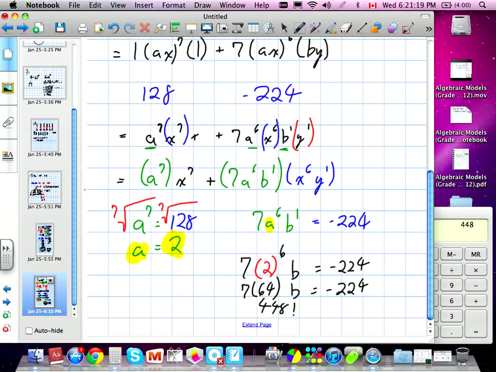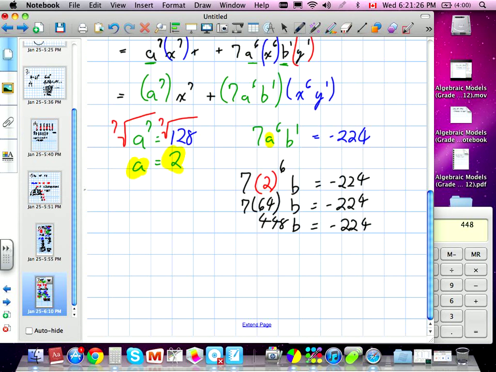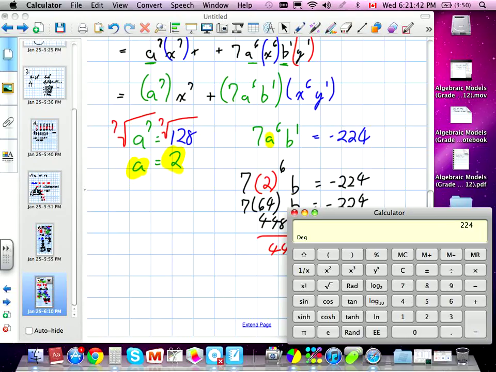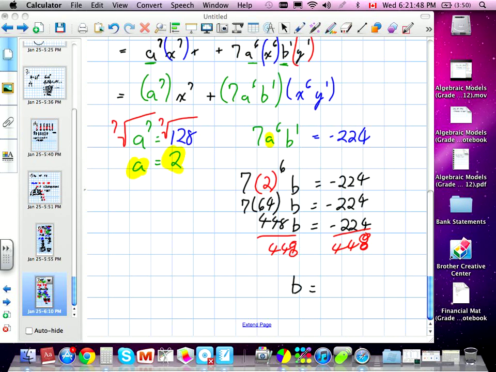Our goal is to isolate b, so we'll have to divide both sides by this number, 448. Looks like it's going to be a half in the end. So when we isolate for our b, we end up with negative 224 divided by 448, which is negative 0.5, or negative a half.